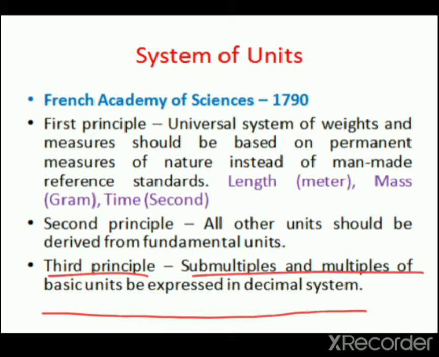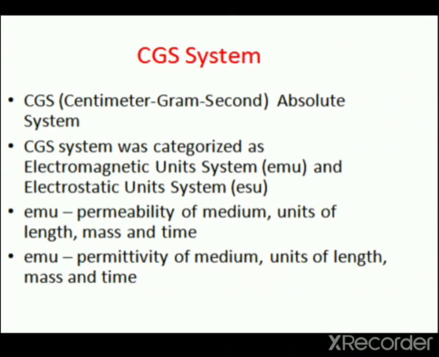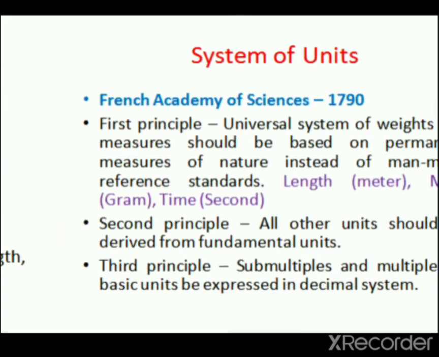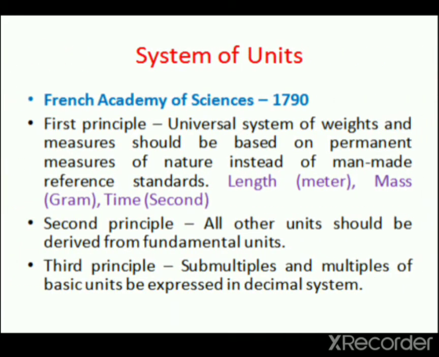Also, the system of prefixes was devised by this principle. By 1875, many countries accepted the proposal of the French Academy, thus the metric system of units became a legal system.